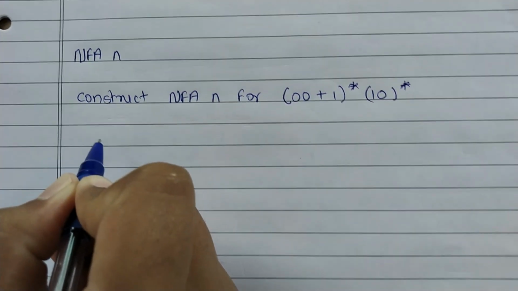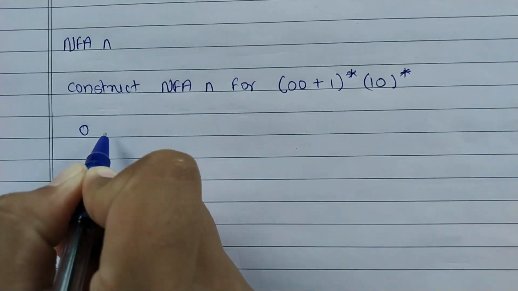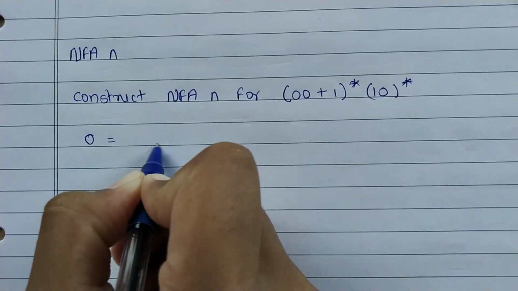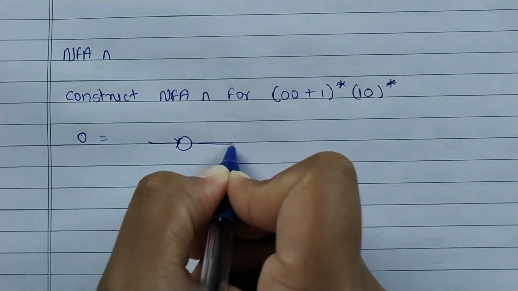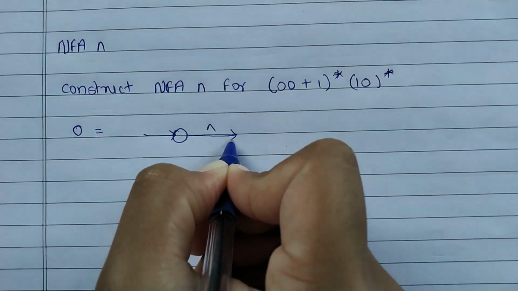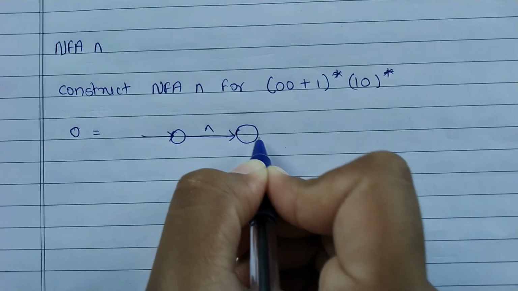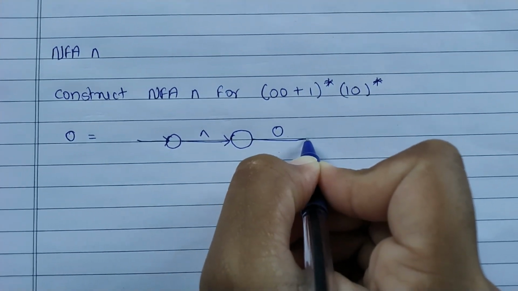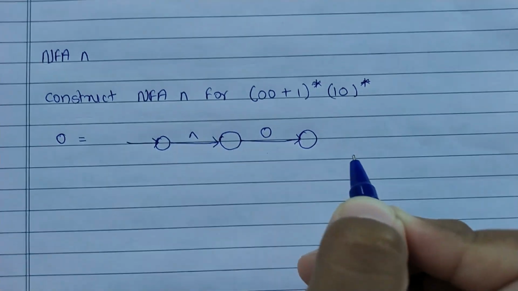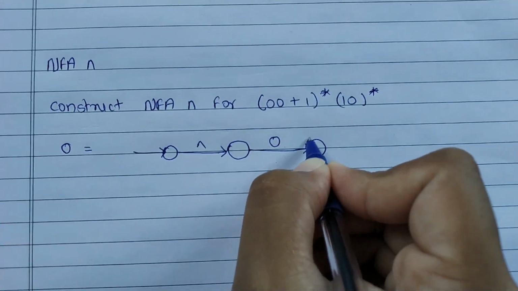So if we want to draw only 0, how do we draw it? This is the initial state. Then first null is passed to one state, and this state passes 0, and this is the final acceptance state.